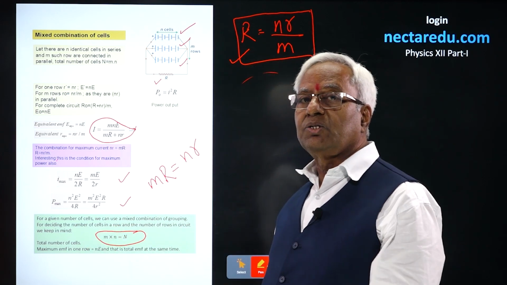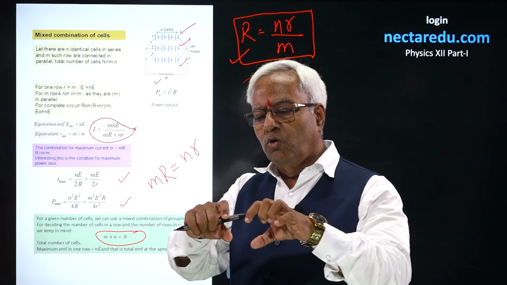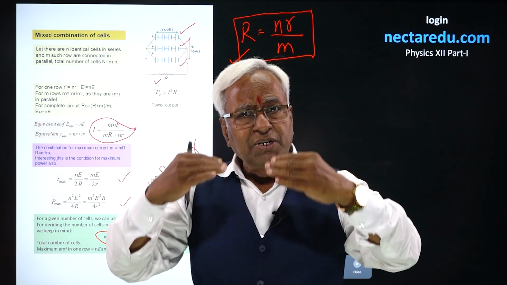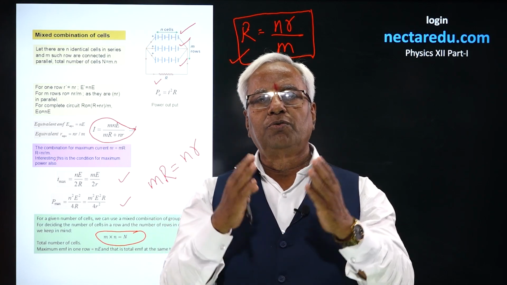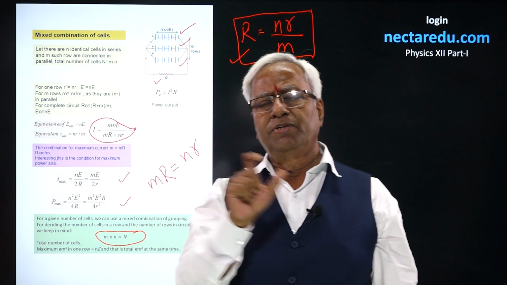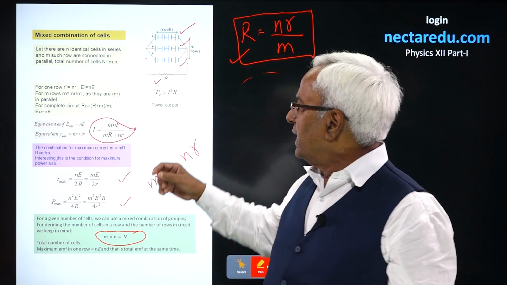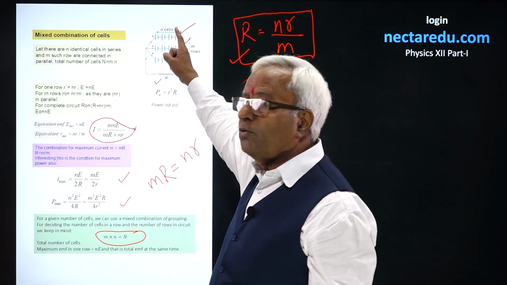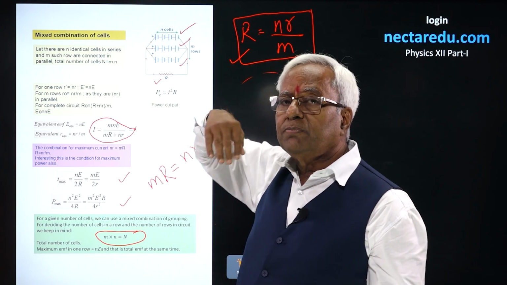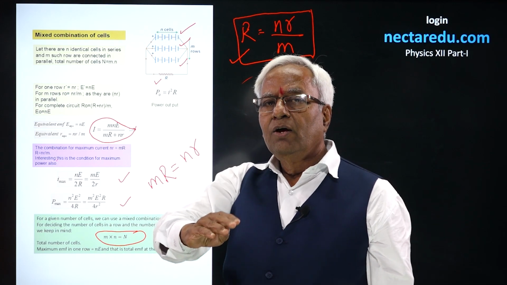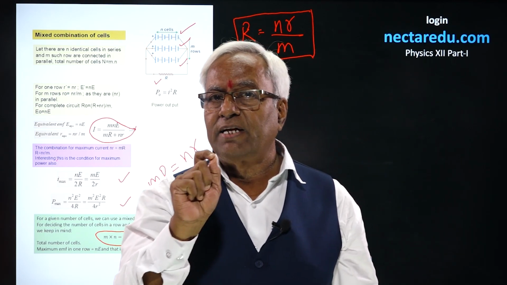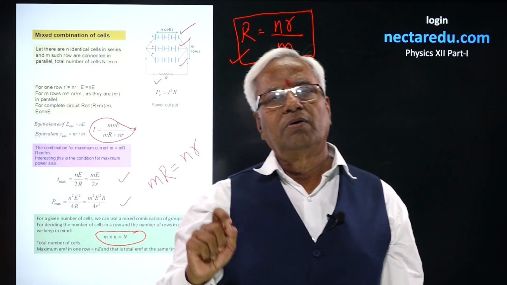And then the second condition applies, that in one row the EMF could be increased, but by repeating the number of rows, you are not going to increase the EMF. So whatever maximum EMF is to be obtained should be decided in one row itself, because after that EMF will not increase by connecting them in parallel. Keeping only these two things in mind, you can solve any complex problem in mixed combination.